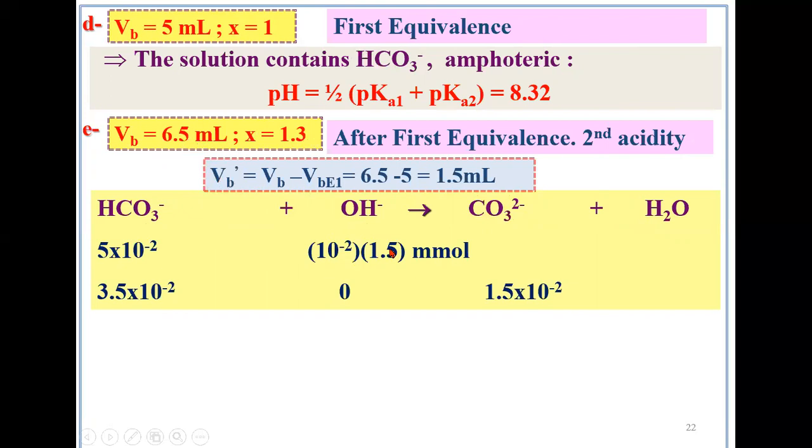Well, the volume that I use for the OH is not this whole 6.5. You have to subtract the amount that will react with the first acid to get you to that first equivalence and then beyond. So you always take the volume of the base total, subtract the volume of the base at equivalence, gives you the volume of the base that will actually react with the second acid.